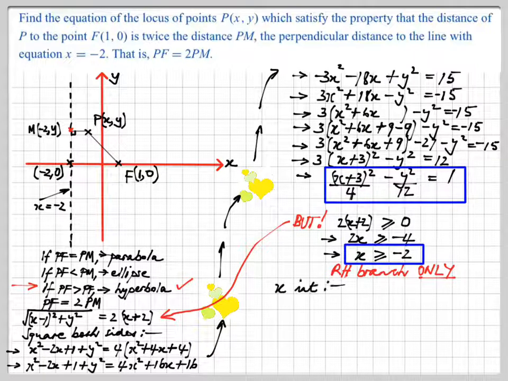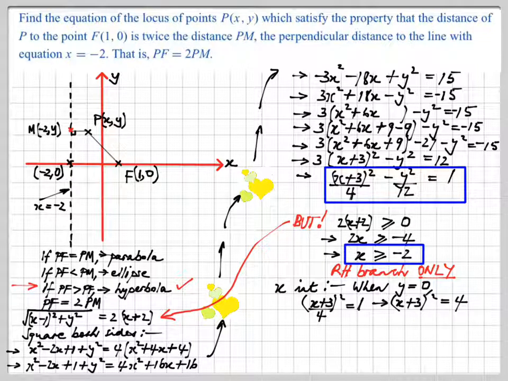Now, you don't have to do this, but I'm just doing it for the sake of completion for you. The x-intercept: when y is 0, you've got that equation for the hyperbola we've just determined in Mr. Box's box, with y equal to 0. We're solving it for x. Yeah, here it comes.